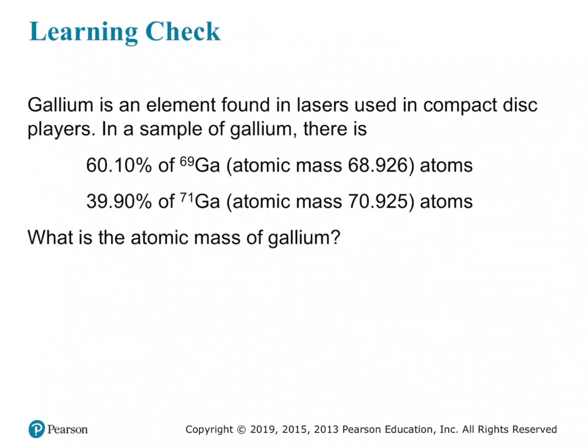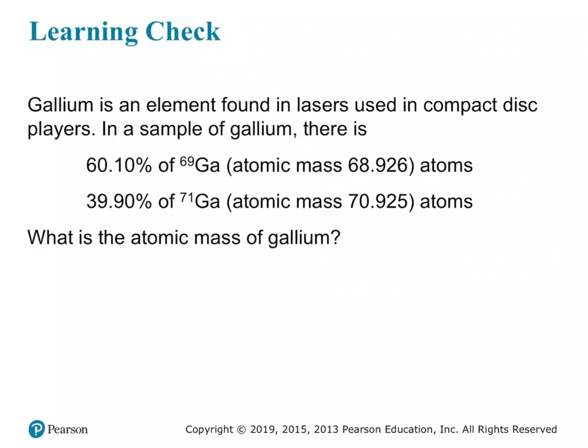Okay, so let's actually practice using that equation for calculating atomic mass. Gallium is an element that's found in lasers used in compact disc players, so CD players. CDs are actually kind of outdated now, aren't they? But if you still have a CD player, like in your car or something, gallium is found in the lasers in those devices.